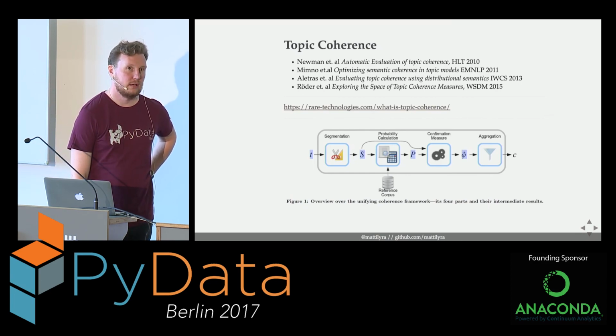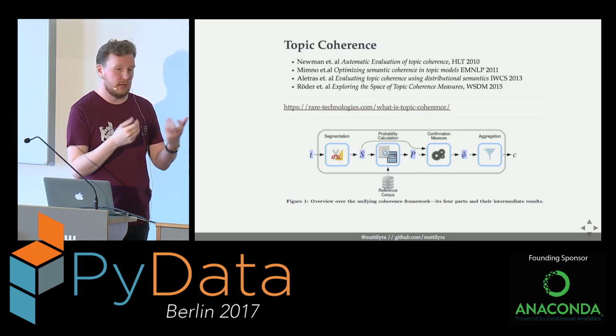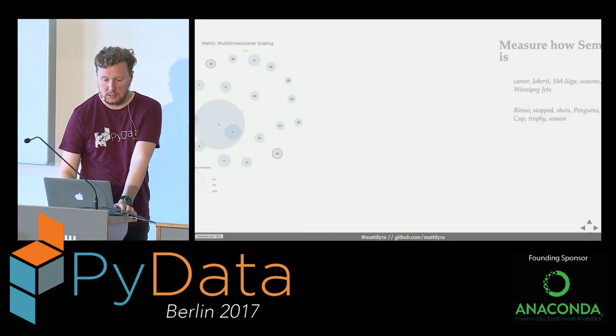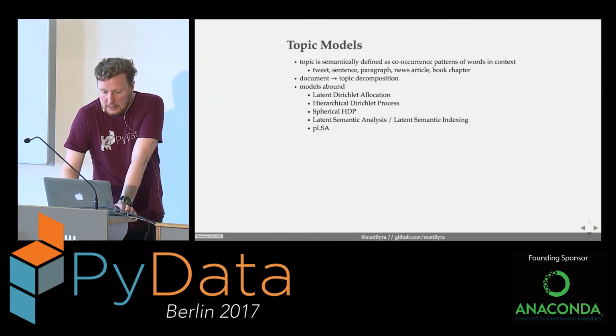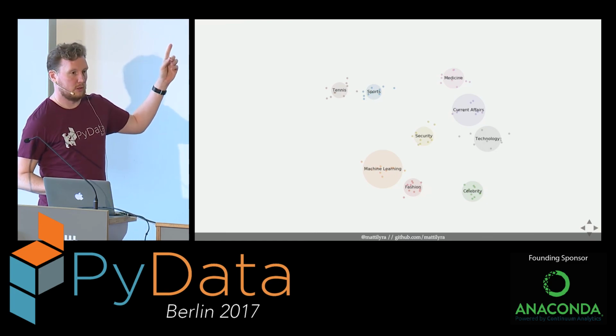If you're doing clustering, one thing that I didn't actually mention at all is that you can also measure this. Hold on. This is the ideal output from an LDA, from a topic model.